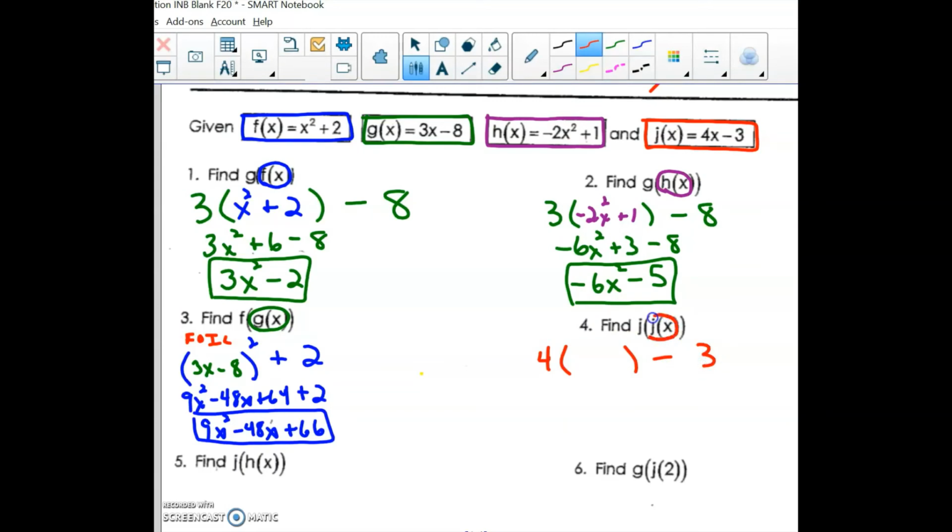We'll put the J function, which is the same function, into itself and apply what's going on. So we'll multiply the 4, which is 16x minus 12 minus 3, which gives us a final 16x minus 15.